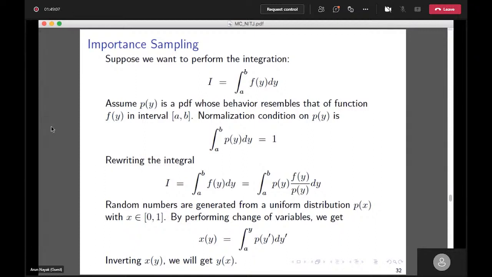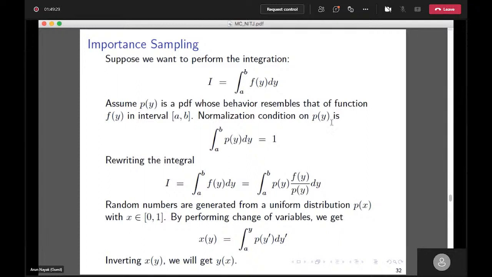Now suppose we want to perform this integration of f of y dy between a and b. Let's assume that P of y is a PDF whose behavior is very similar to f of y, the function you want to integrate, in this interval a to b.